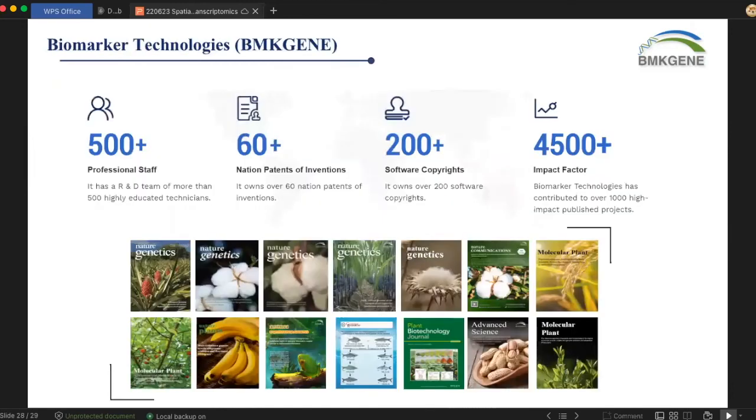And for delivering high quality sequencing services, we are backed up with over 500 professional staff in Beijing and in Germany.